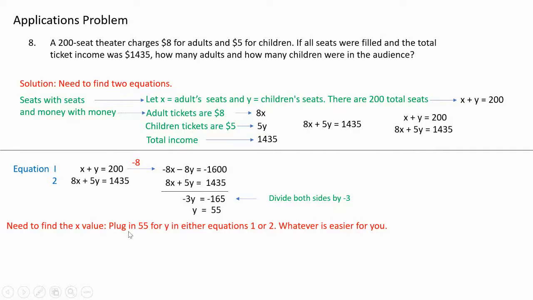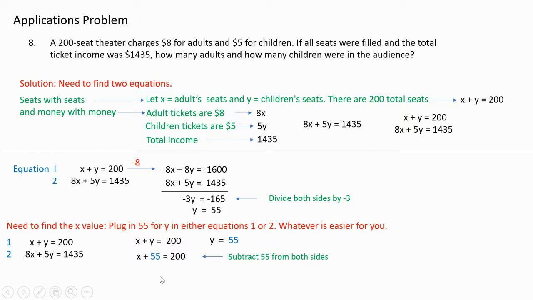Since y equals 55, I'm going to plug it back into either equation 1 or 2. Again, in my opinion, it's easier to use equation 1 because everything is very small compared to equation 2. So I'm going to plug in 55 for y. Now I subtract 55 from both sides, and it gives us x equals 145.